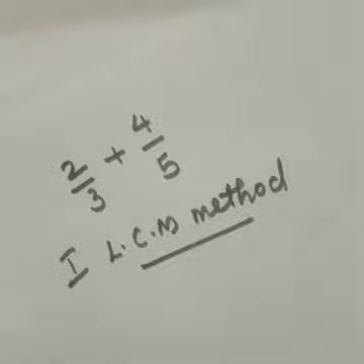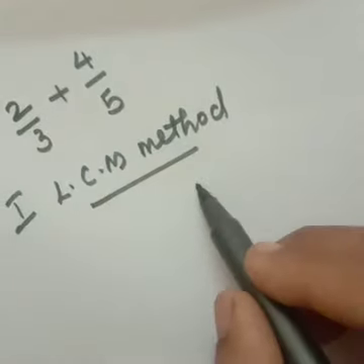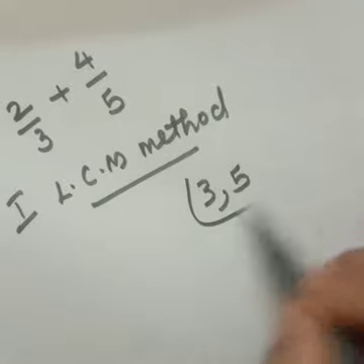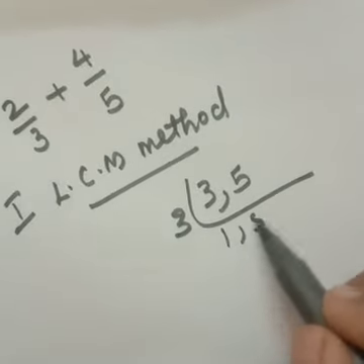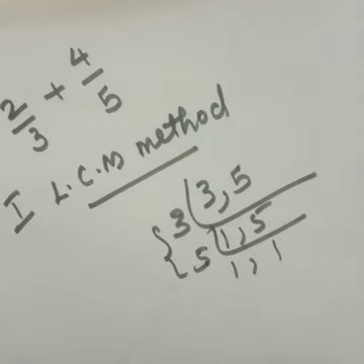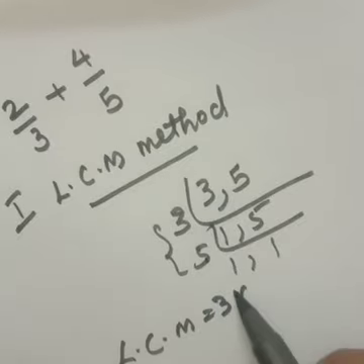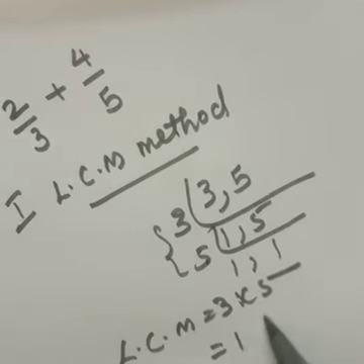First you have to find out the LCM. What is the LCM of 3 and 5? You know how to find it. LCM equals 3 into 5, that is 15.